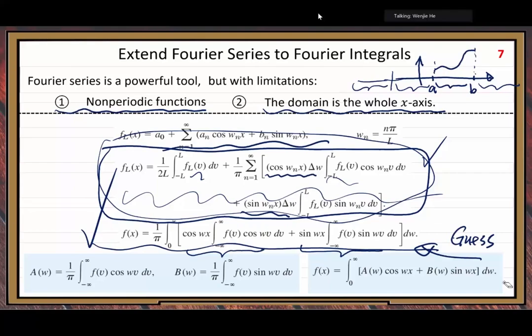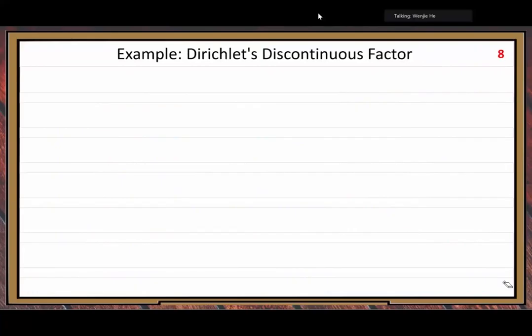It plays the role of a coefficient. Then the capital B function gives your special representation. In this representation, little f could be a non-periodic function.